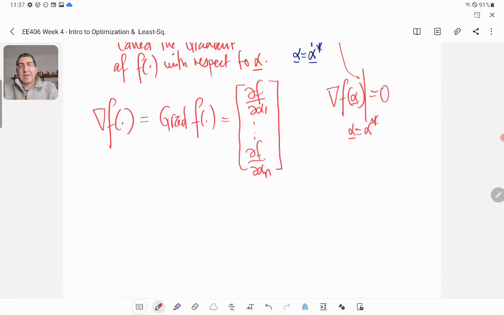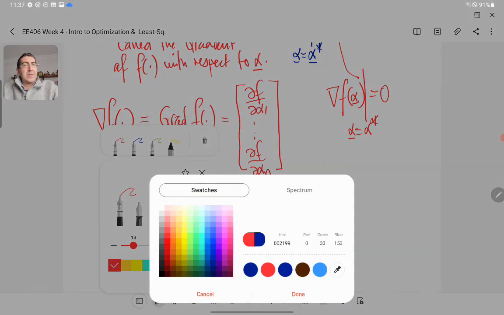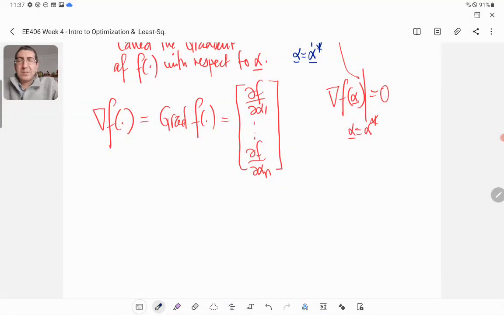All right. Let me put down a note, and then I'm going to show you an example. Sometimes the function may also have other variables, but you may be interested in a subset of those variables. In that case, you just assume the variables that are not of interest are constants.